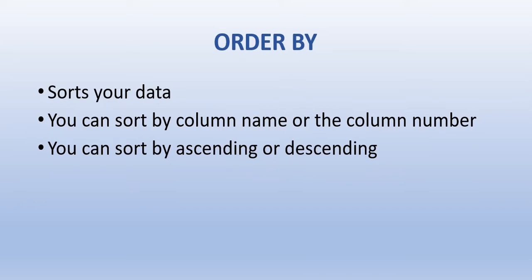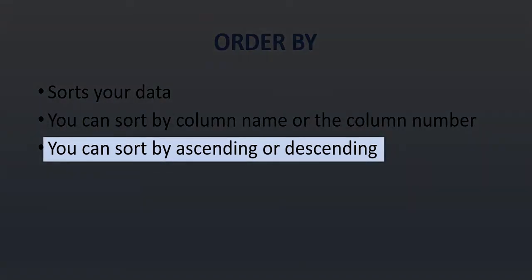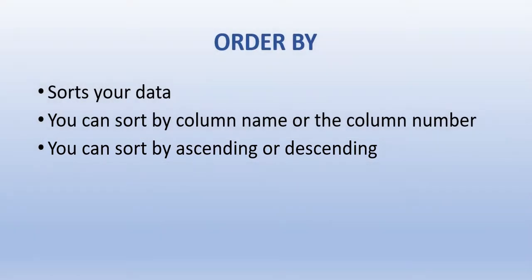Or if employee name was the first column in your data, you can just say order by the number 1. And then you can also sort it by either ascending or descending, just like in Excel. So we have group by and order by, the 2 extra lines we're going to be learning about.